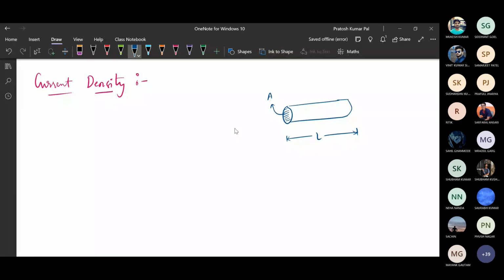Suppose this conductor has n number of electrons available in it. Here n is the number of electrons contained in this L length of the conductor.